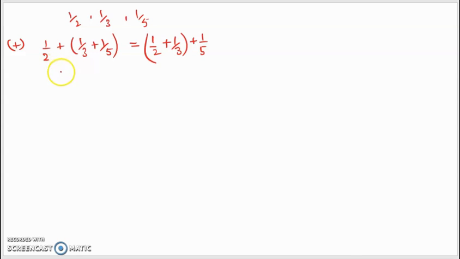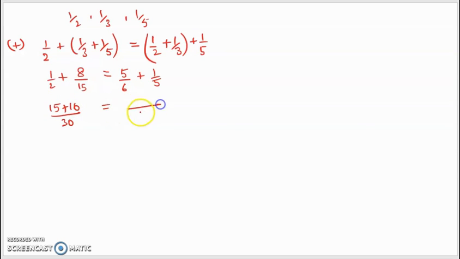Let's do it one by one. So 1 by 3 plus 1 by 5, the LCM is 15, and you'll get the answer as 8 by 15. Here the LCM is 6, so you'll get the answer as 5 by 6. 5 by 6 plus 1 by 5. Let us simplify further. On LHS you get the LCM as 30, and the numerator is 25 plus 6.